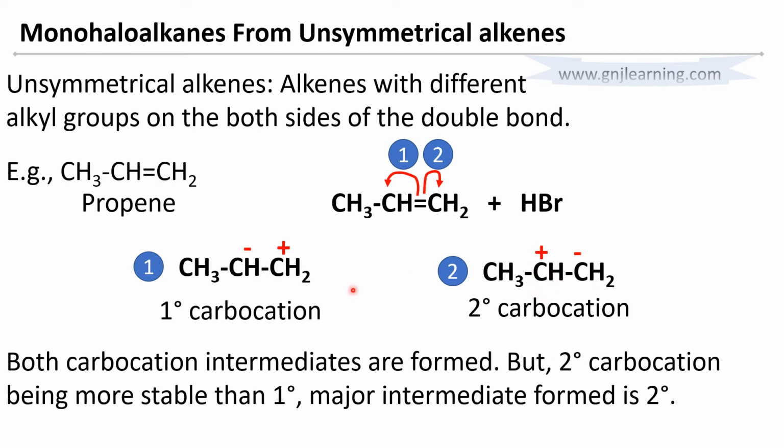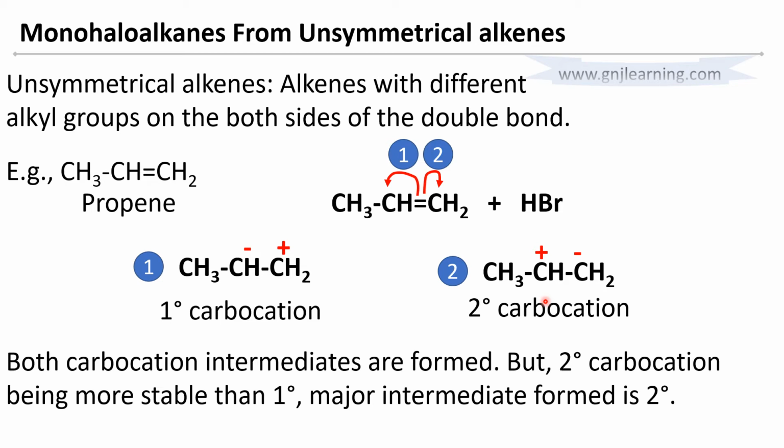Whereas if it is moving on to the first case, Br will be attached on the primary carbon and H will be attached here. So both products will be formed, but which will be the major product? The major product will be Br attached to the central carbon, or the secondary carbon atom.